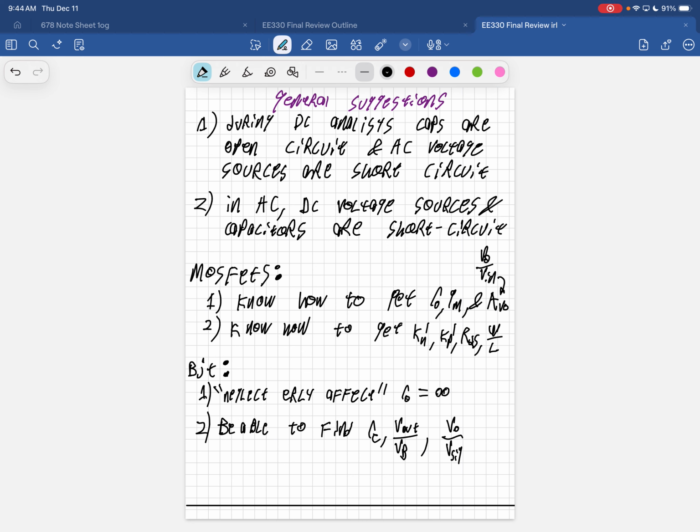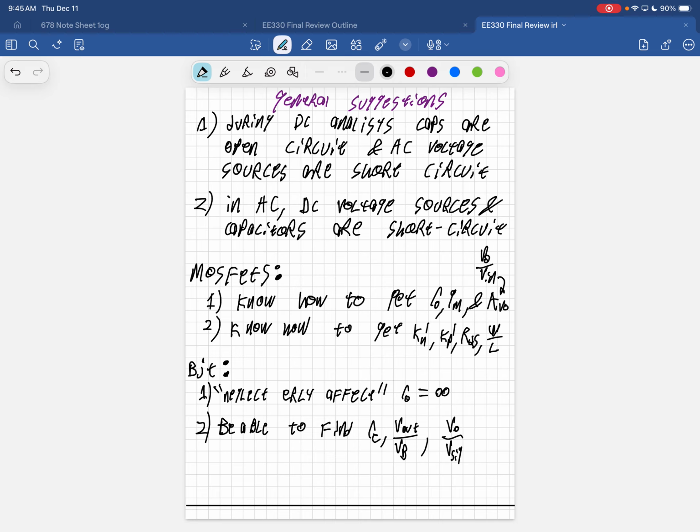So whenever you're solving for bias current, you're finding big I and big V, and then you go and do your AC analysis, and then you find little i, little v. And then voltage gain can be both in DC and in AC, technically. I think, don't quote me on this, your final is just looking for AC gain, not DC gain, but you'll need your DC in order to solve for your AC.